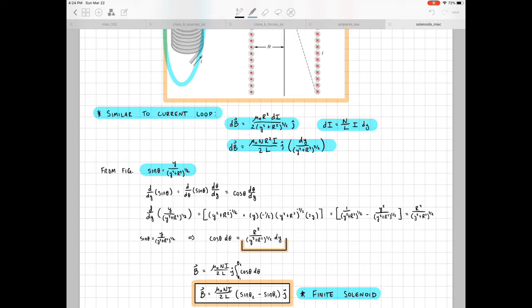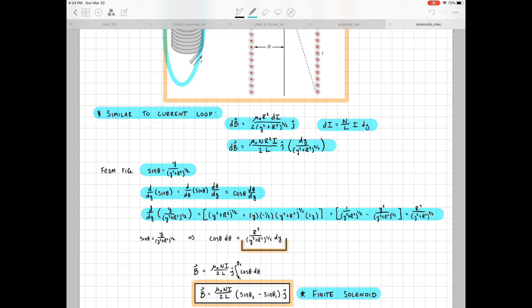On the left-hand side, you'll notice that it's sine theta. So when you take the derivative with respect to y, you actually get cosine theta times d theta dy. That's the chain rule. And on the right-hand side, you can take the derivative, and I've already done all the work for you, but you can follow along if you do the product rule or the quotient rule, depending on what you like to do for your derivatives, and then simplify.